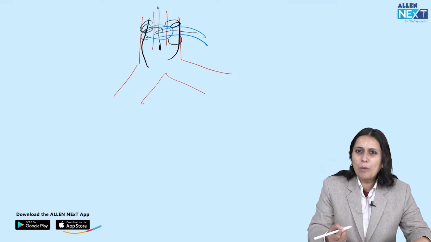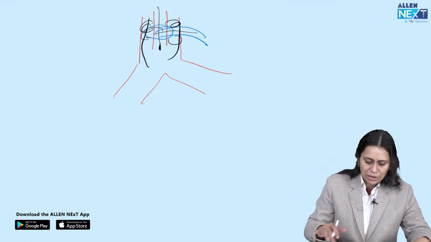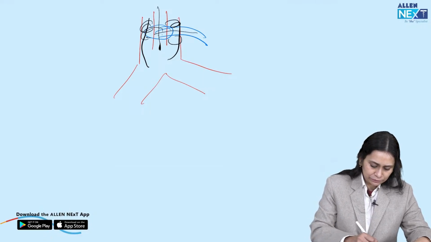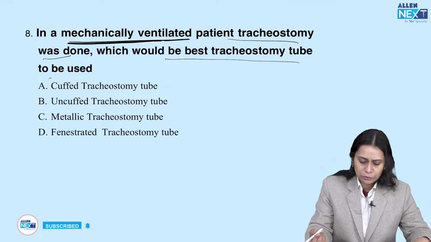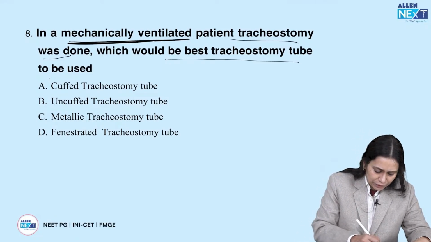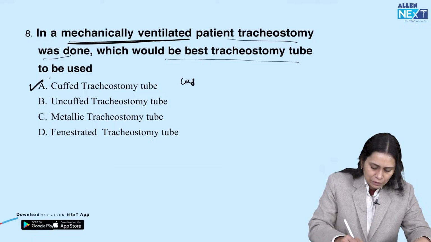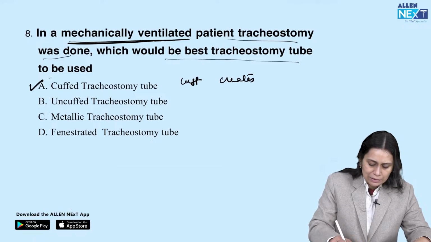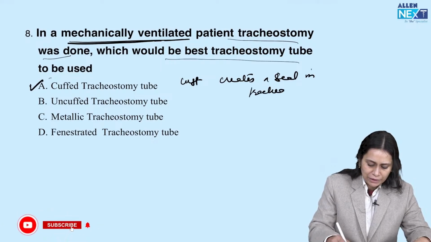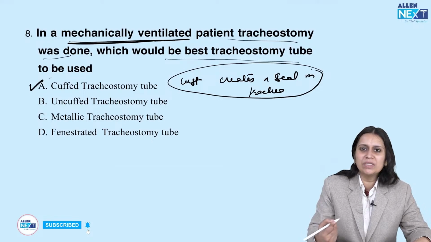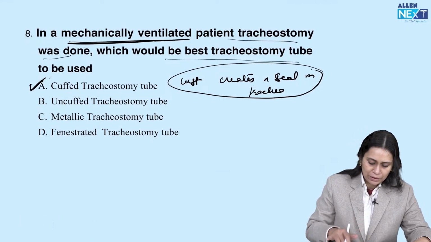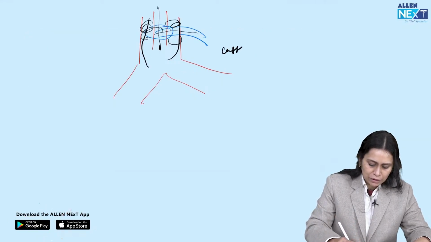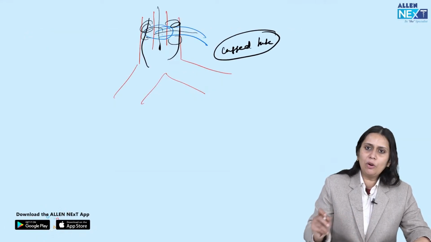So we will not get a proper seal for ventilation. Whenever we do a tracheostomy or put an endotracheal tube in a ventilated patient, we always have to use a cuffed tube. This cuff creates a seal in the trachea and makes positive pressure ventilation possible.